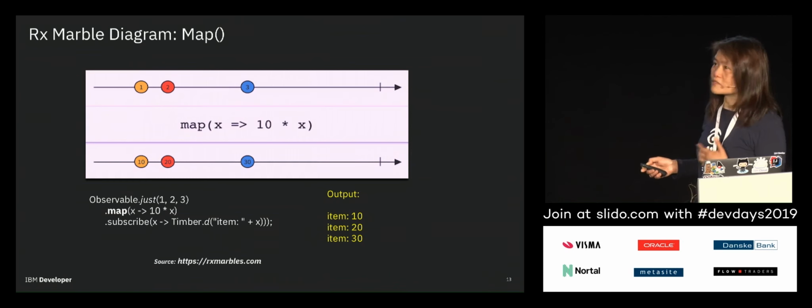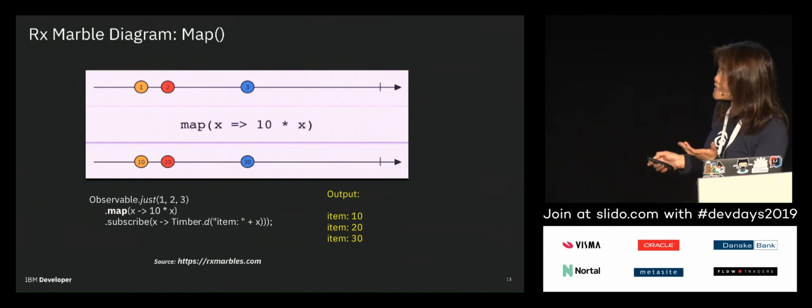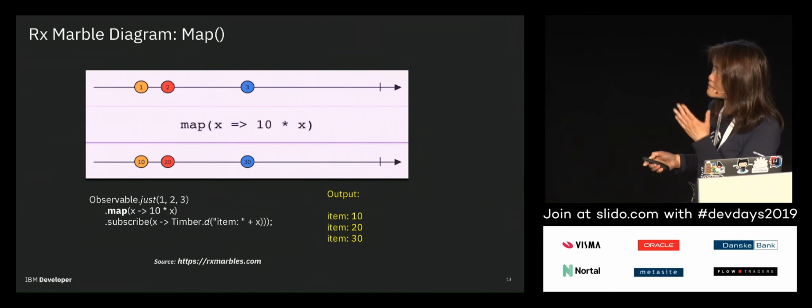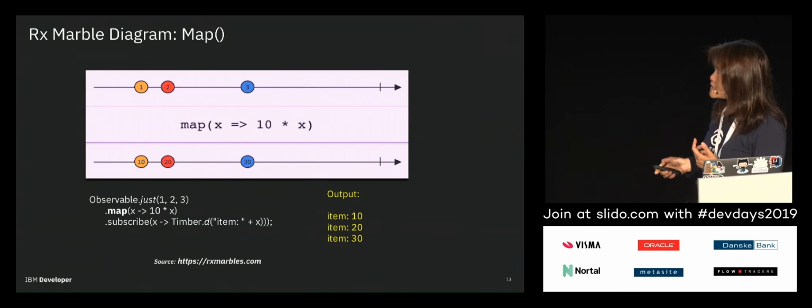The map itself just transforms. It's a function. In this particular basic example, it takes the input and multiplies it by 10, so 10 times x, and returns it. After the transformation, the 3 original data elements will be transformed: 1 becomes 10, and then 20, and 30.